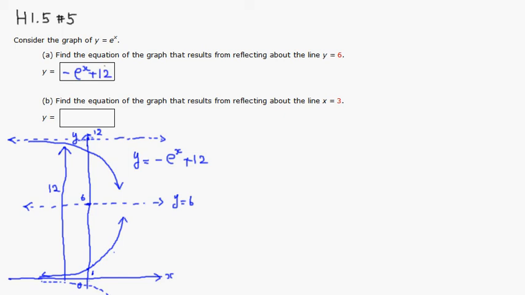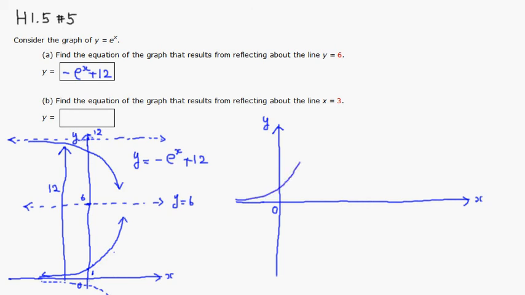All right, so we can do the same thing with the reflection about x equals 3. So let's draw a picture. So here is the x-axis, kind of drawn long, right? And here's the y-axis, right? And the origin, right? So the graph is like before. You have an exponential function, looks like this, right?